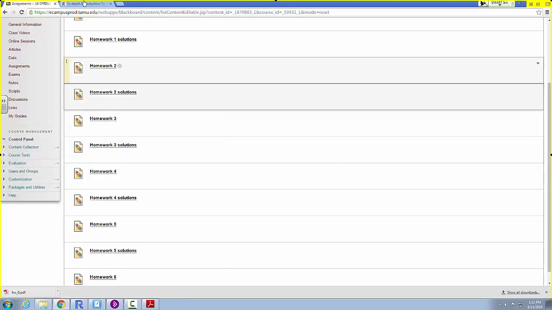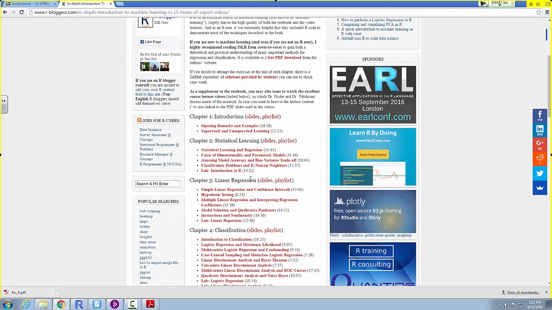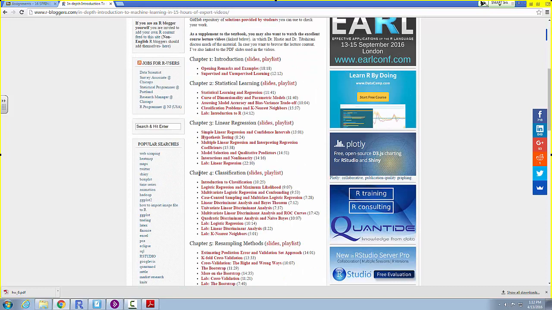So with the time we have left today, let's move forward and talk about Chapter 4 in the Introduction to Statistical Learning book. Chapter 3 we're skipping. It's linear regression, and I'm assuming that you are comfortable with linear regression. If you're not, read that chapter.